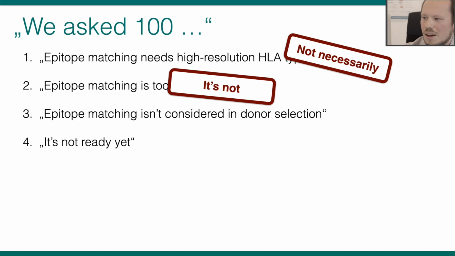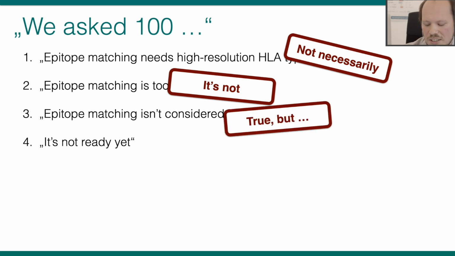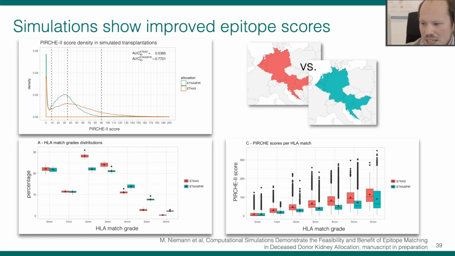Point 3, epitope matching isn't considered in donor selection, and that's especially the case for postmortem kidney allocation. However, I want to stress that we are working on that, and there are a couple of groups working on that, and we did some simulations on the Eurotransplant kidney allocation system.